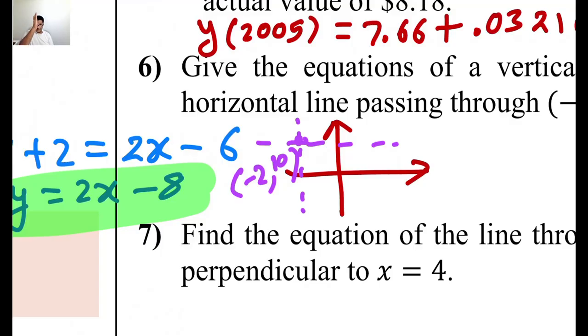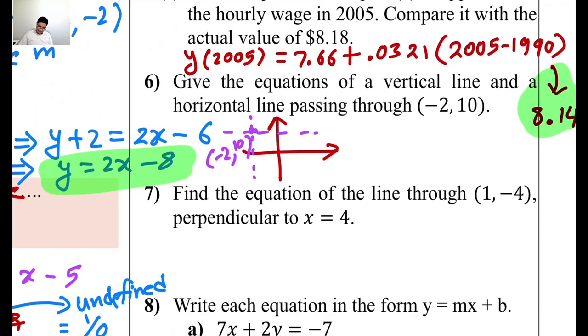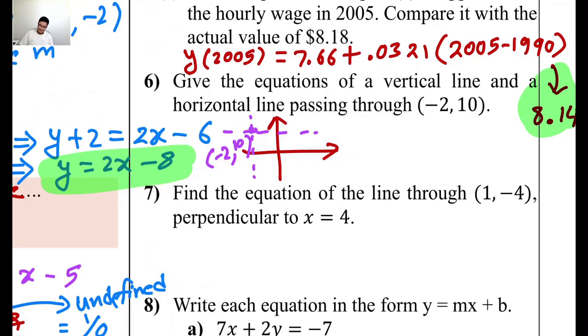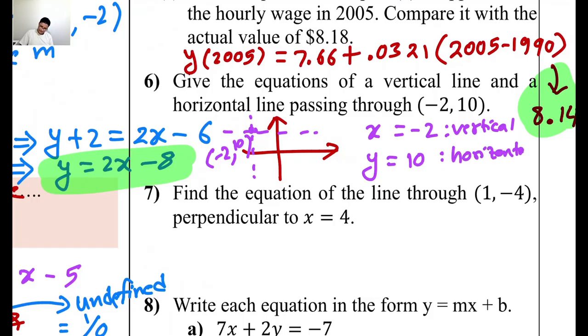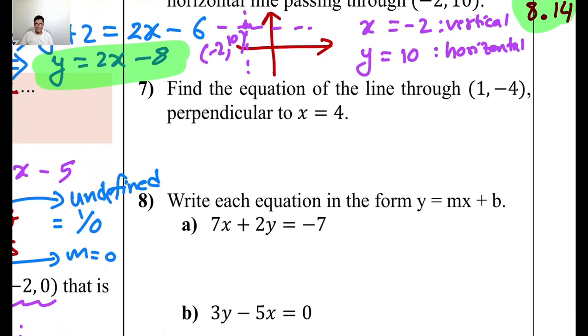So the vertical line has the x value -2. The horizontal line has the y value 10. As simple as that, the equation of the vertical line is x equals -2 and the horizontal line is y equals 10.